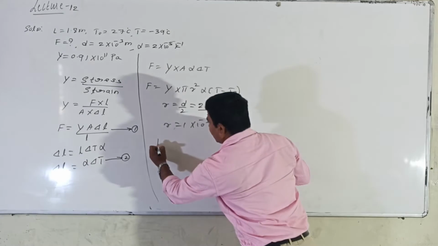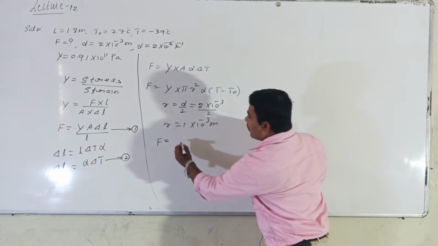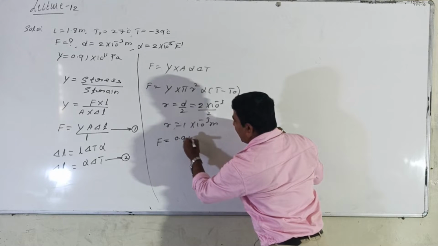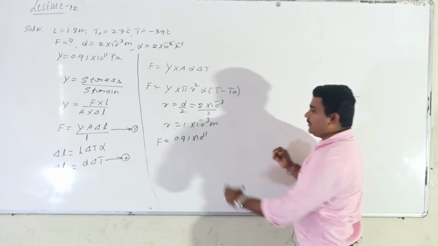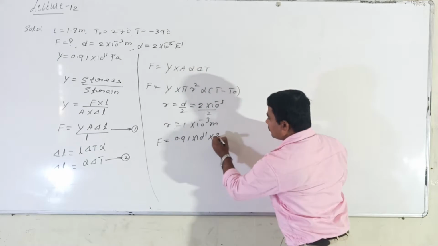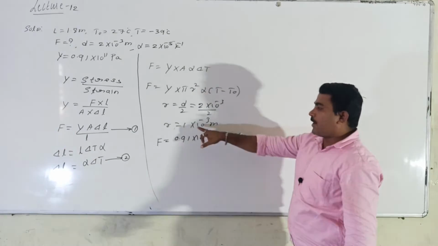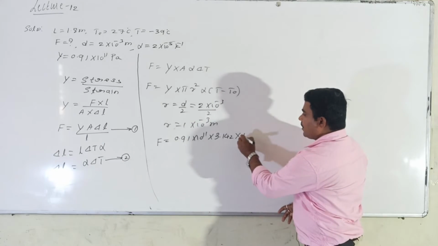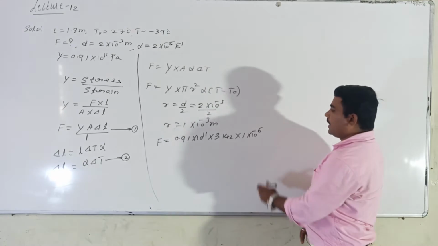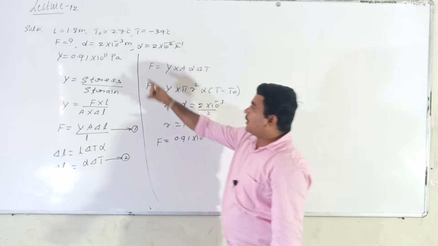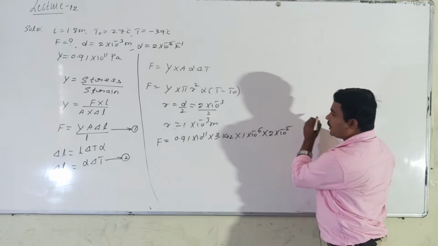Take this equation: F is equal to Y. The Y value is 0.91 into 10 raised to 11 Pascal. The pi value is 3.142. The radius of the wire is 1 into 10 raised to minus 3, squared, which is 1 into 10 raised to minus 6. Alpha is 2 into 10 raised to minus 5.